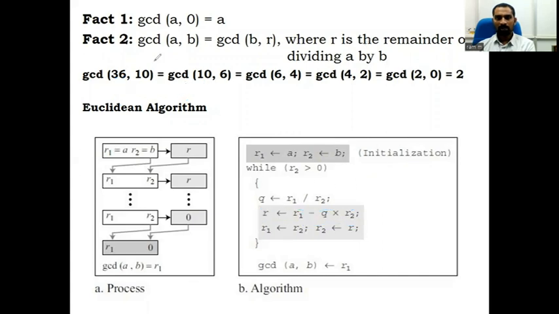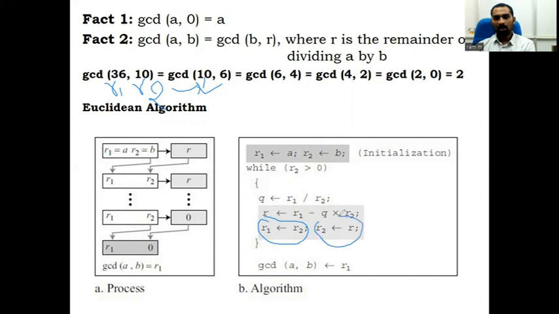Right? So we'll take this as R1 and this as R2. Okay. Now what happens for the next iteration? My R1 becomes R2. So that's what they have written. R1 equal to R2. Now R2 will be R.